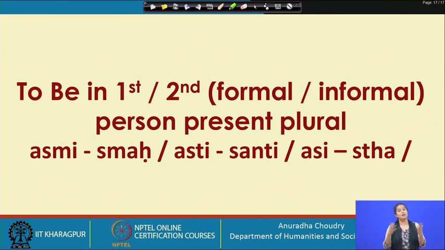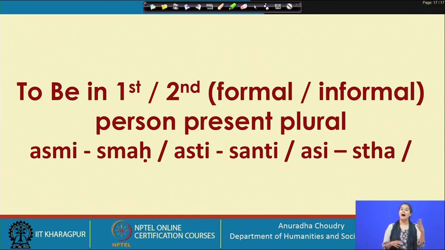So when it becomes plural it becomes vayam smaha. And then we have with the formal second person, bhavan asti. So again you must notice that the second person formal is really conjugated like the third person, singular or plural.